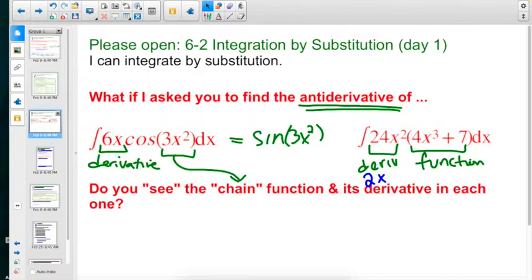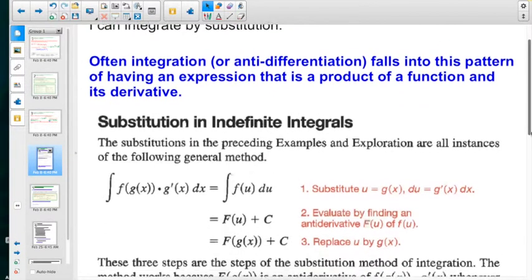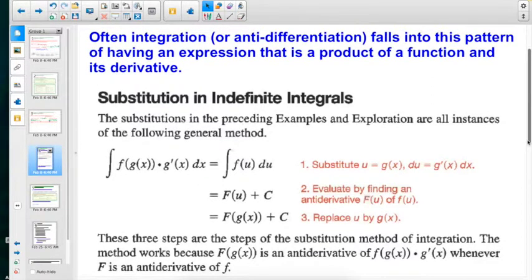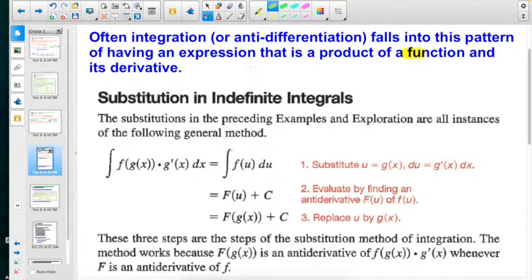So we're going to look at a couple of examples just like this. So really, I just got done saying this, anti-differentiation falls into this pattern of having some sort of function and its derivative.